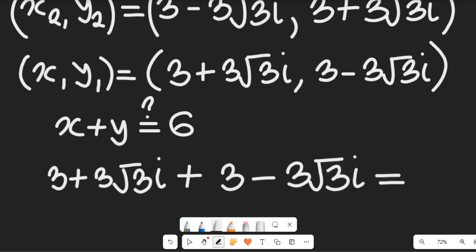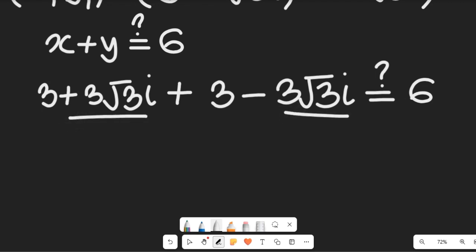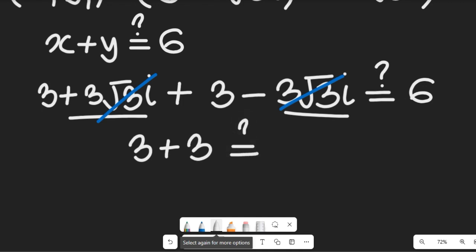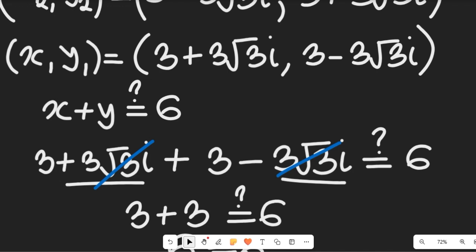Will the sum of these two give us 6? If you add these two expressions, this is negative and this is positive, so this will cancel out, and we'll be left with 3 plus 3. 3 plus 3 is equal to 6. Of course, this gives us 6 equal to 6. So that tells us that this solution is absolutely right.